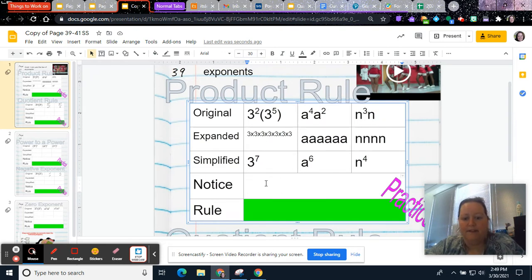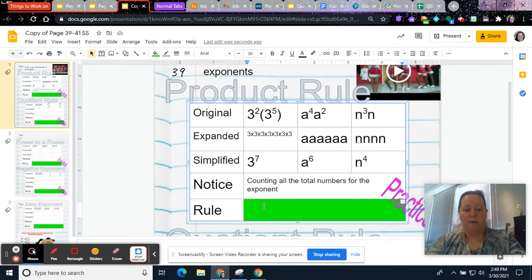So then I want you to think about what you noticed here. This is going to be different based on the person, and we'll kind of do it in class. But what I would hope that you would notice here is that all you're really doing is counting all the total numbers for the exponent. And so what that could really mean is when you're multiplying powers with the same base, you add the exponents.